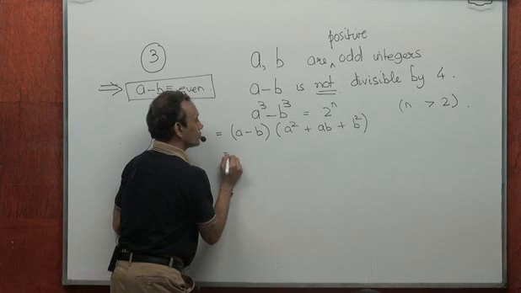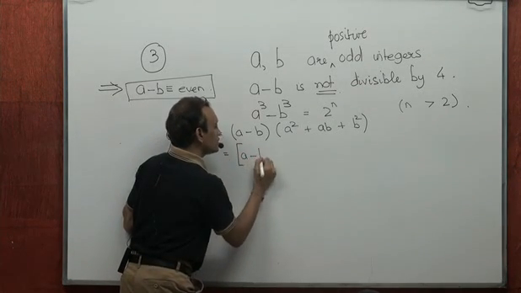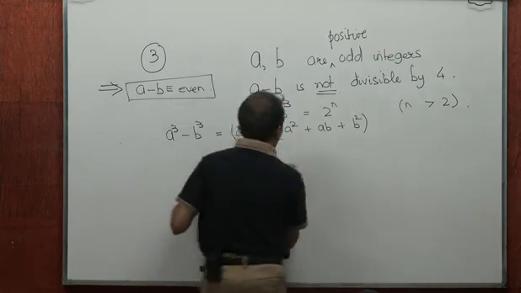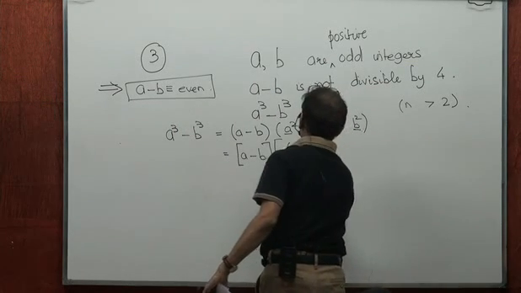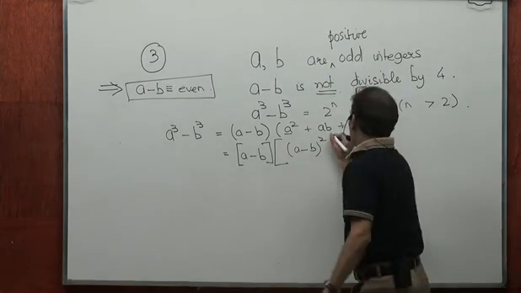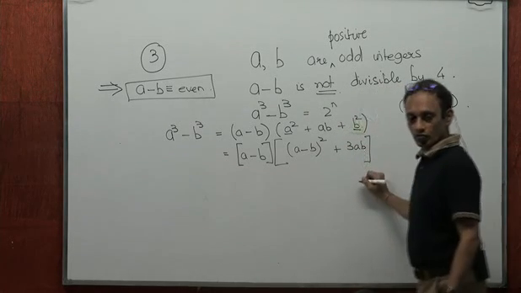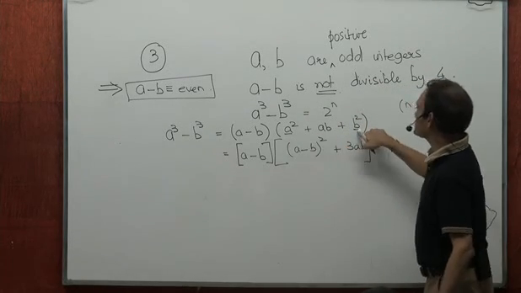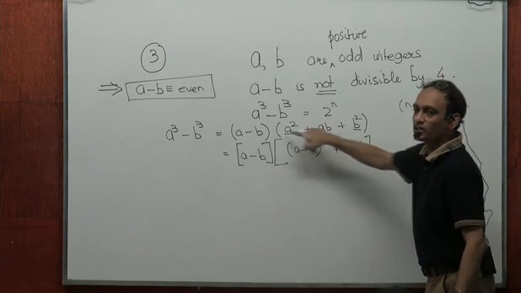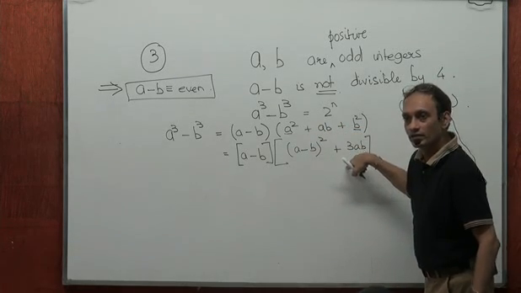Now, do you really think it will be even? Let's see. Supreet, this A squared plus B squared I can write as (A minus B) whole squared plus 2AB, and plus AB, that makes it 3AB.